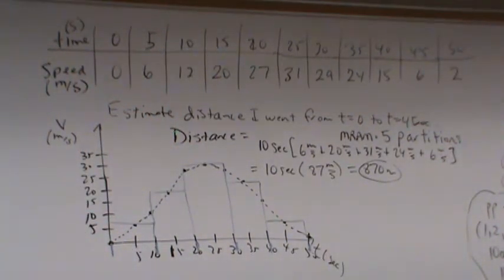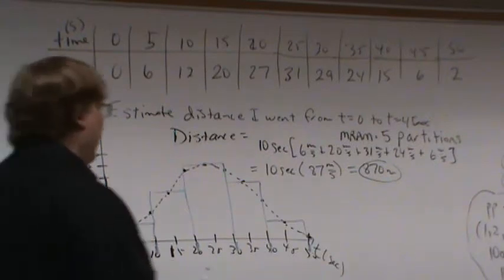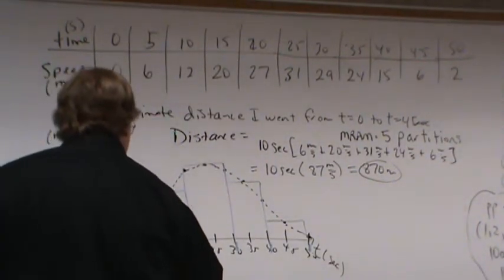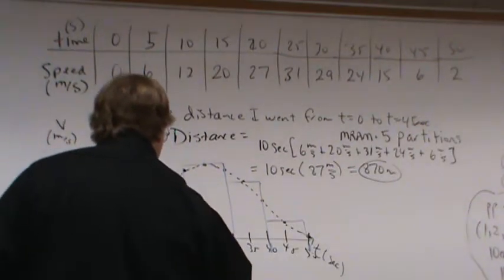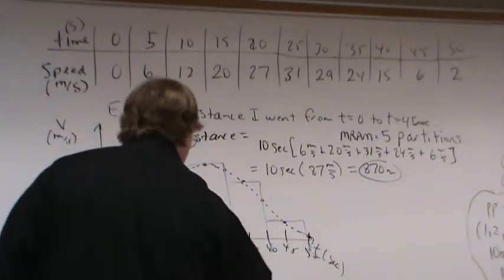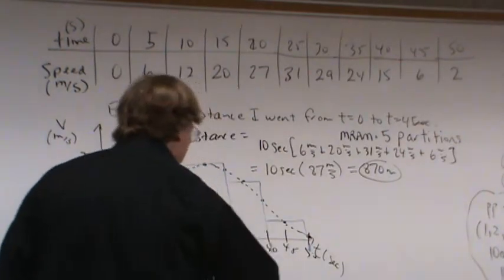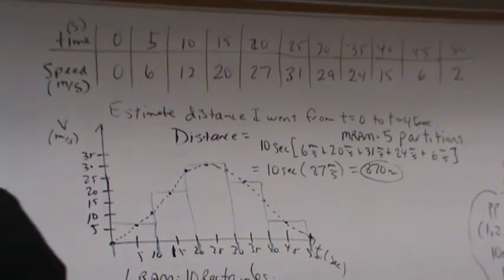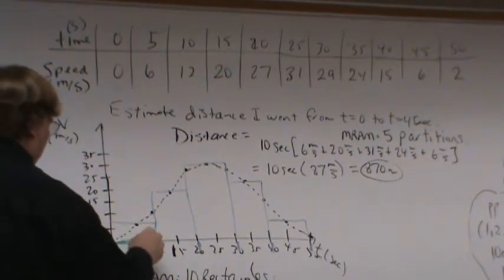By the way, let's see how far off LRAM is. I'd like everyone to please get the distance using LRAM and 10 rectangles. Let's see how much it matters. LRAM with 10 rectangles. Of course the first rectangle has no area whatsoever.